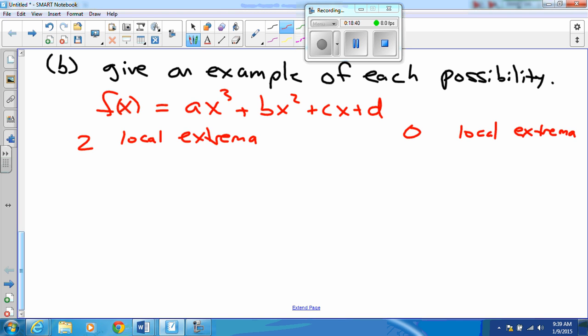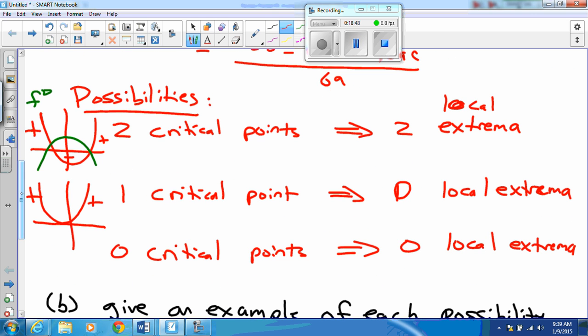One possibility is to work backwards. We used these guys right here in order to argue that we had 2 local extrema or 0 local extrema. So I wonder if I could work backwards from here. Can I come up with an example of a parabola that touches the x-axis?